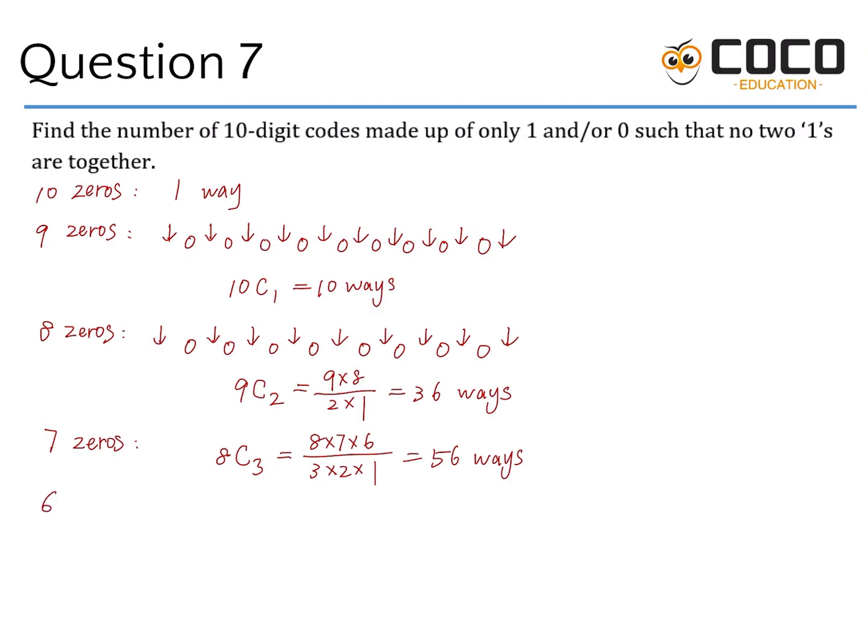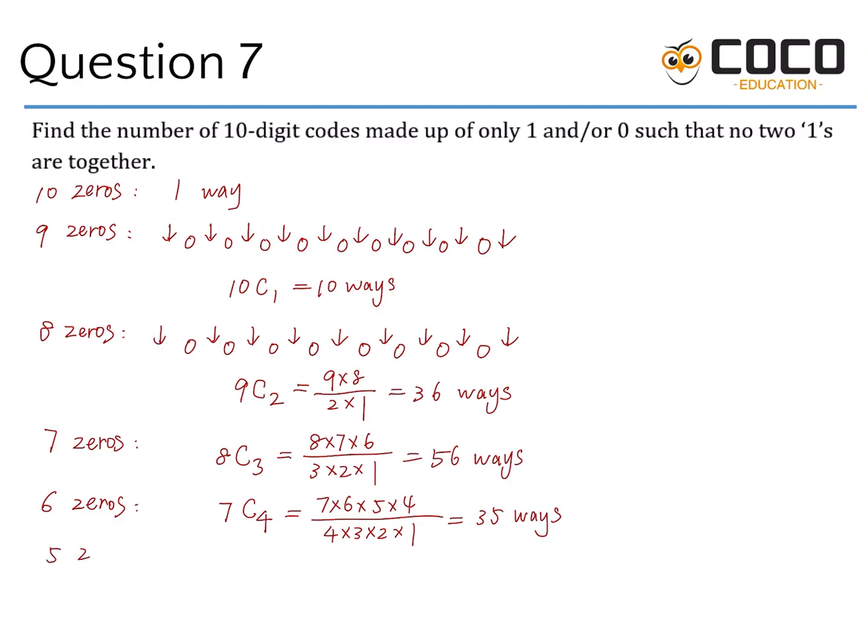Okay, so next one, 6 zeros. Now this is 7 positions. There are 4 digit ones, so 7C4. 7 times 6 times 5 times 4 over 4 times 3 times 2 times 1. 35 ways. Okay.